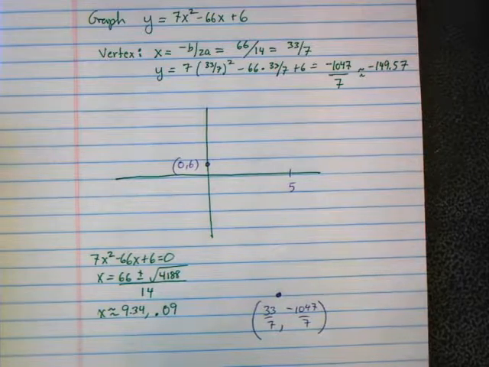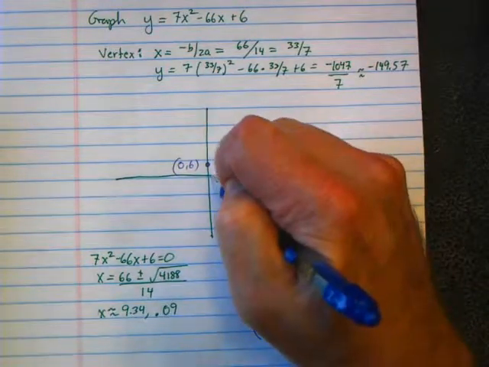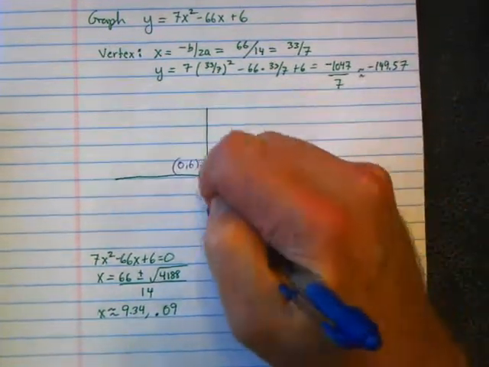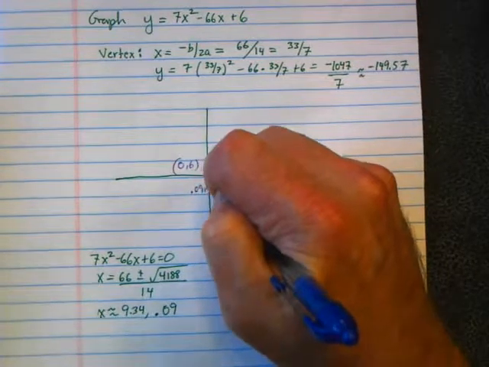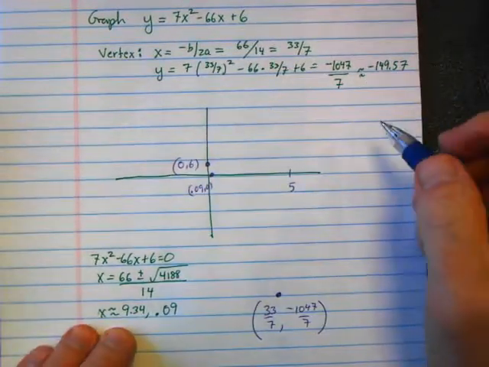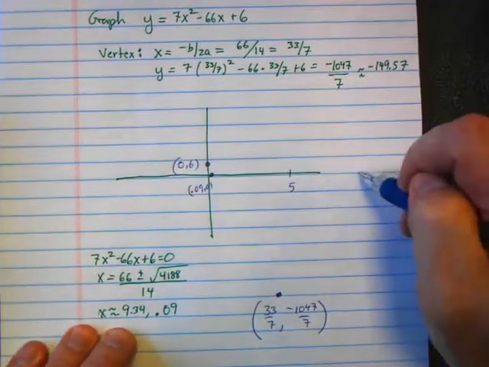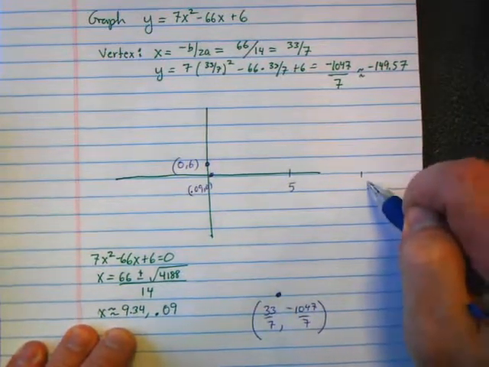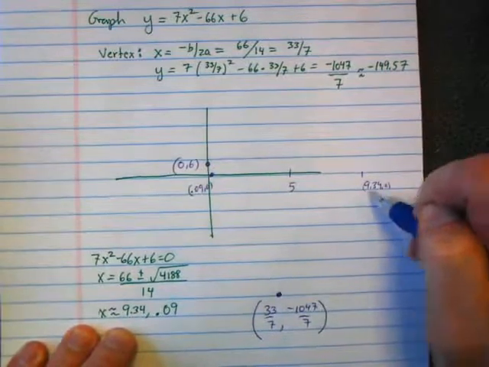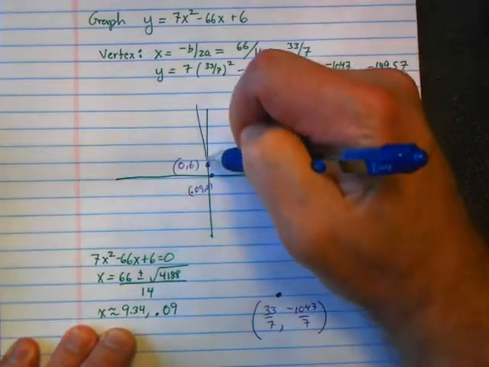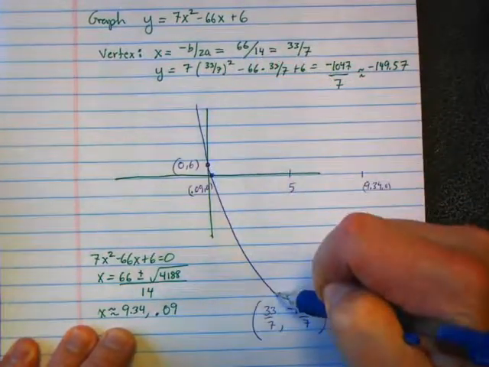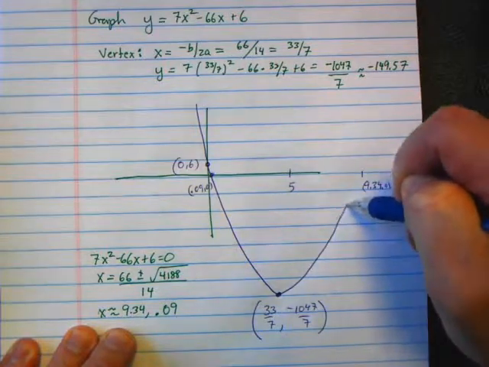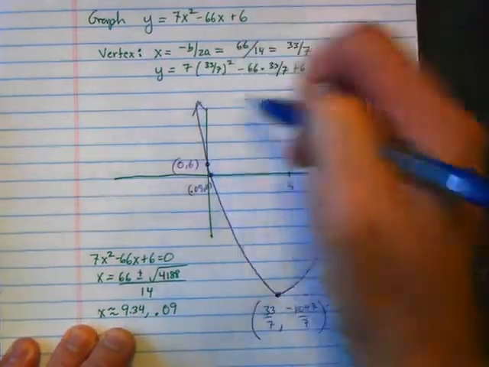All right, so I've got just barely off the axis here, 0.09 comma 0, and 9.34, so that's about twice as far as that, right around there, 9.34 comma 0. And I draw a nice smooth curve, like so.